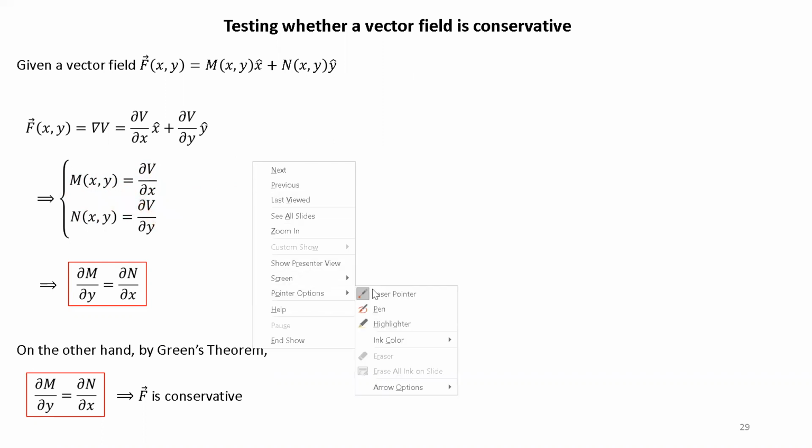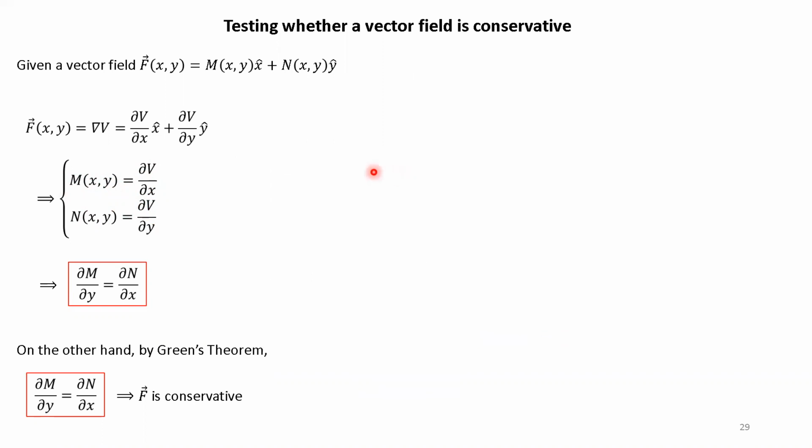And how do I test that without knowing v? I'm going to use a property that partial v partial x partial y is the same as partial v partial y and then taking the x derivative.